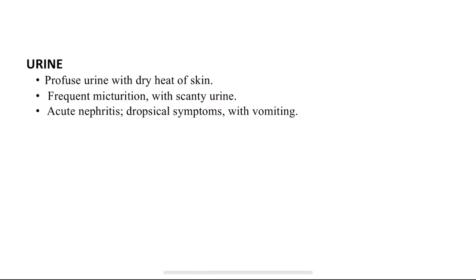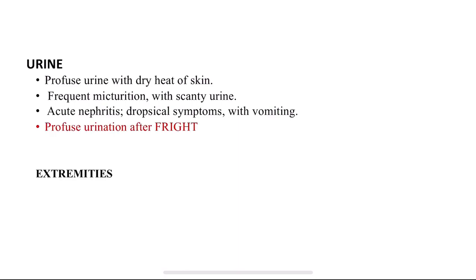We see because of the nephritis, there is dropsical symptoms. We saw the feet, the patient has an edematous swelling. The various parts of the body, especially in the legs, we see there was an edematous swelling. We saw it in the guiding symptoms. So the dropsical symptoms will be present, and because of the nephritis and vomiting.